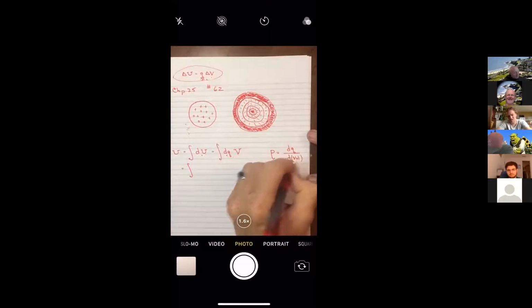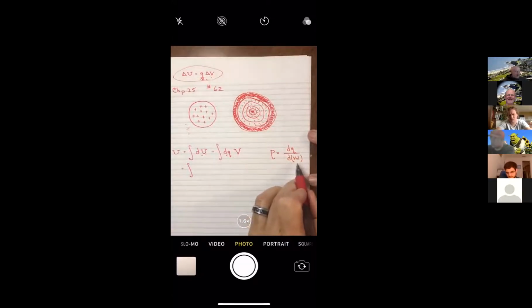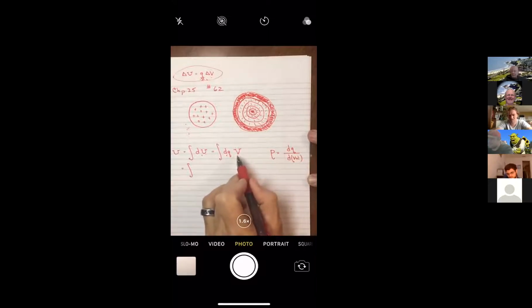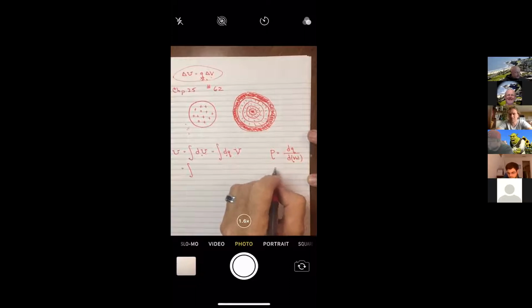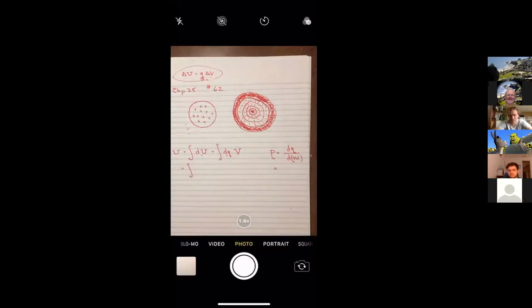I don't want you to confuse the V here for volume with the V here for potential. And I'll bring my sticky pad over here and my baseball again.